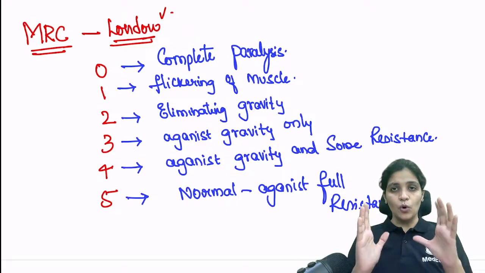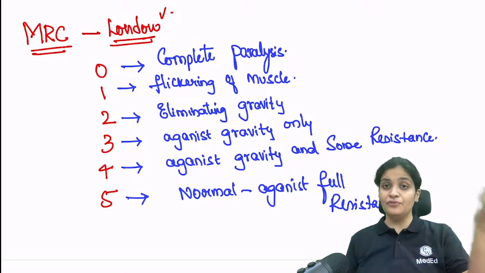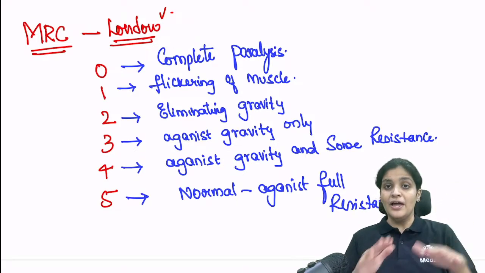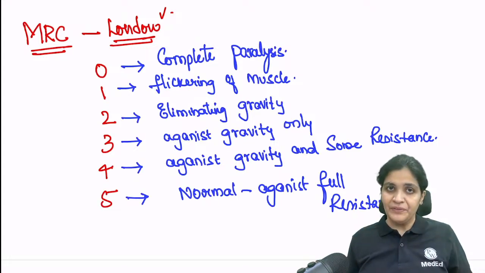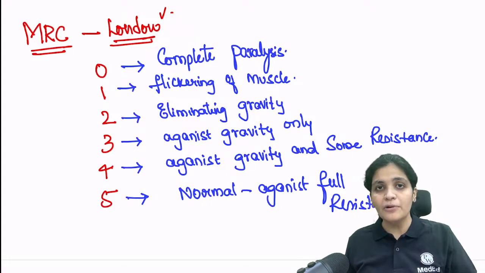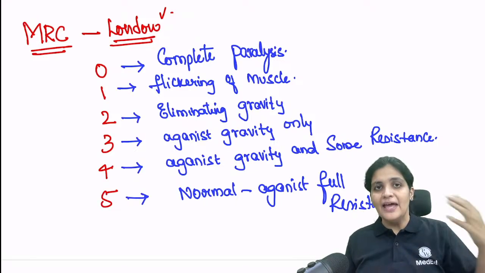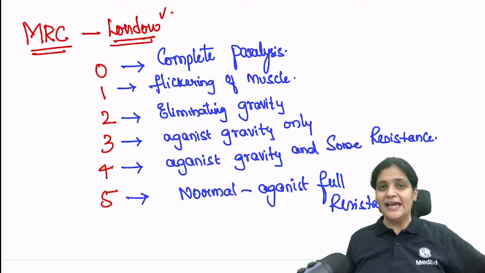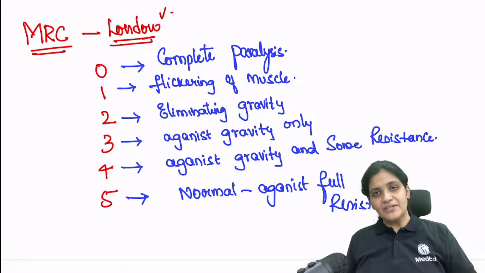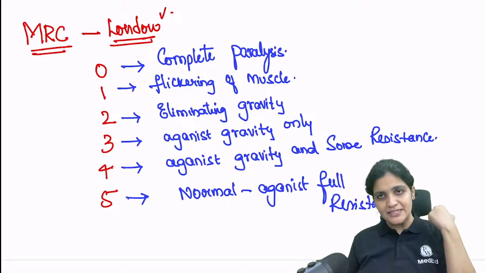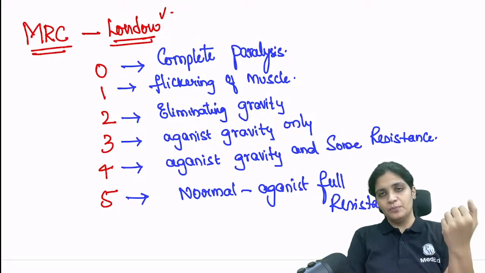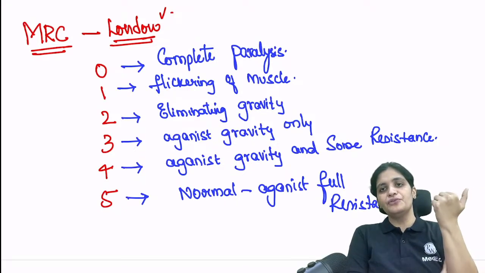Remember, once you go to the patient, first you will ask them to flex. This is against gravity, so directly you will go to grade 3. If he is not able to do it against gravity on his own, then you can do the sidewards and 0, 1, 2. If he is able to do this directly, then you will start from 4: you will put little resistance and then full resistance.